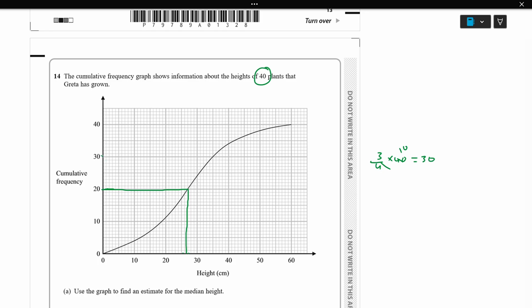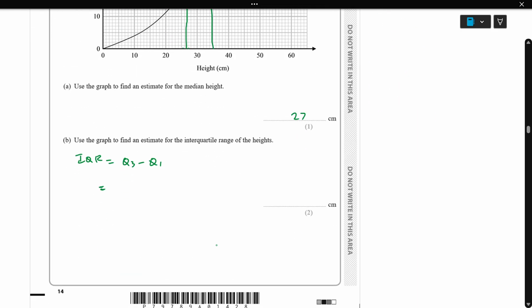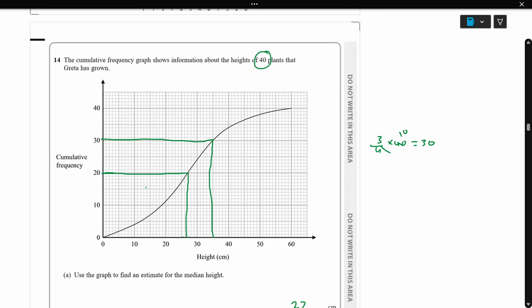Going across, exactly this is 35. So the upper quartile is 35 and the lower quartile is 1/4 of 40, which is 10.